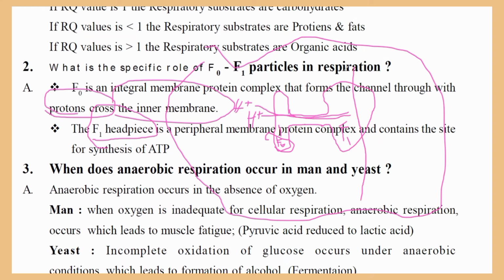While moving from high concentration to low concentration, one ADP is converted into ATP by adding inorganic phosphate. This occurs with the help of F0 and F1 particles, where one inorganic phosphate is added and converted into ATP.